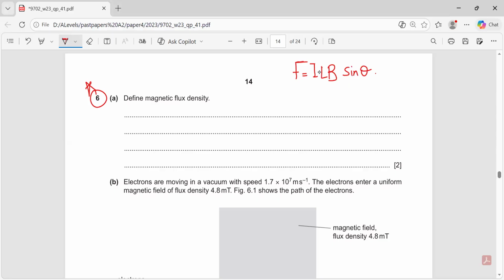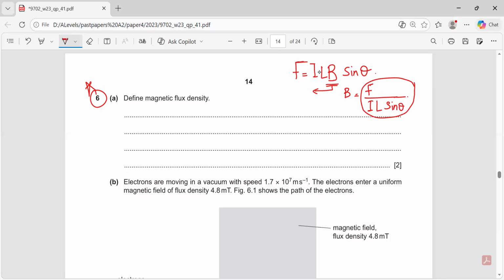And this B is called the magnetic flux density. So you can make its definition from this formula. If we isolate B, this will be F divided by I L sine theta. So from this whole ratio you can make its definition.